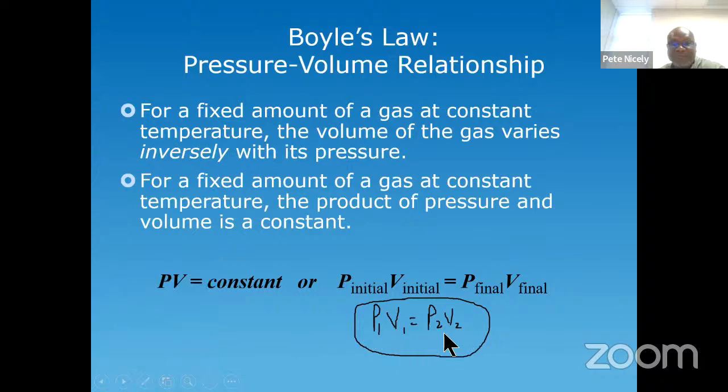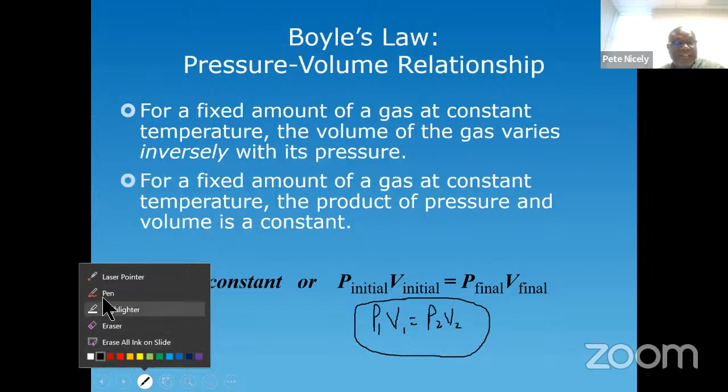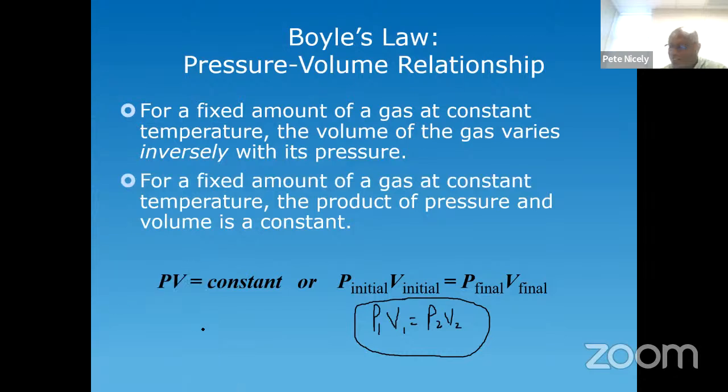So for example, if you want to find, let's say, P2, then all we have to do is rearrange this to get P2 is equal to P1 V1 over V2. All right. And that's basically how we use Boyle's law to solve problems like that.